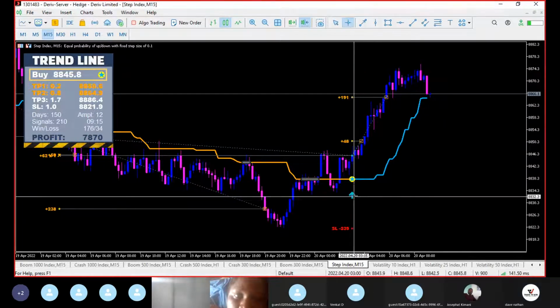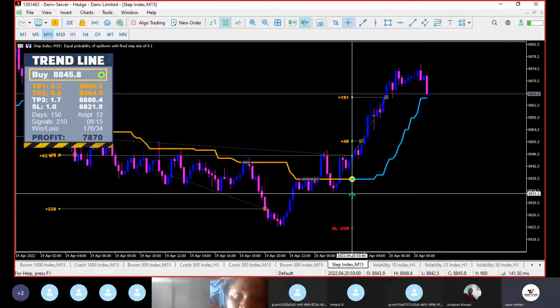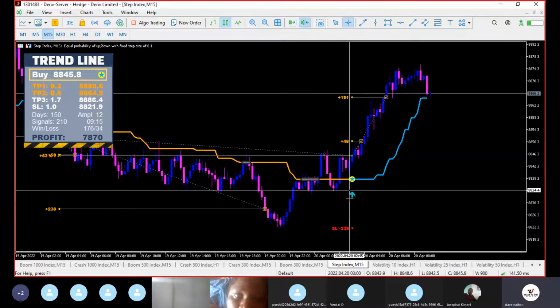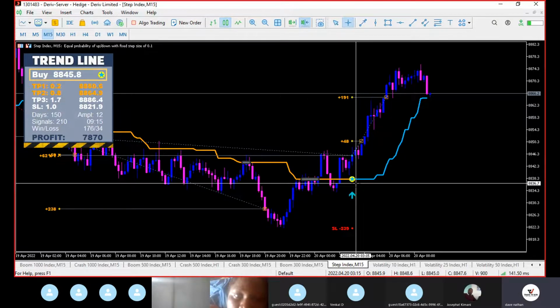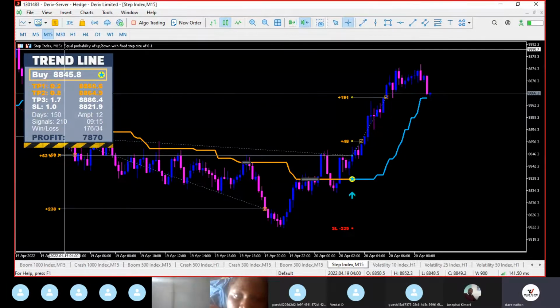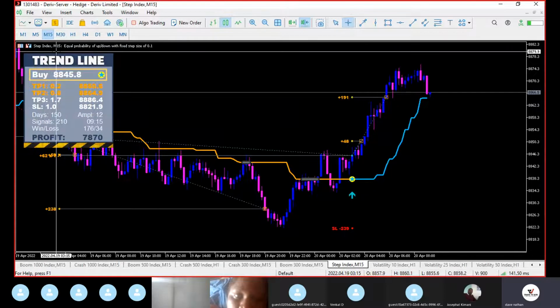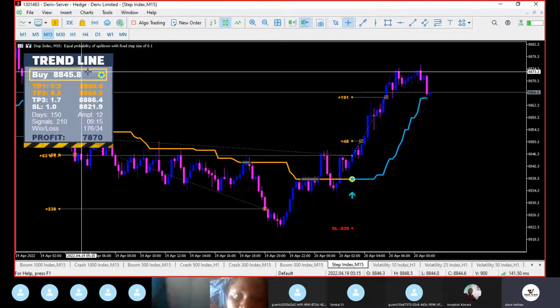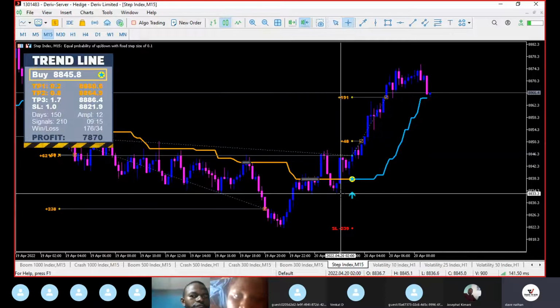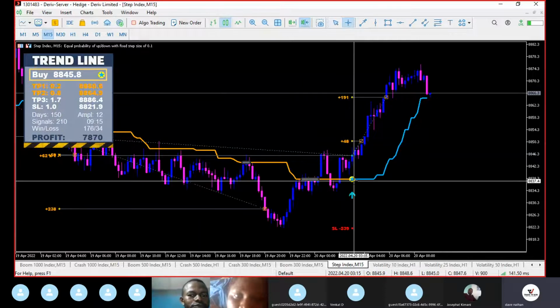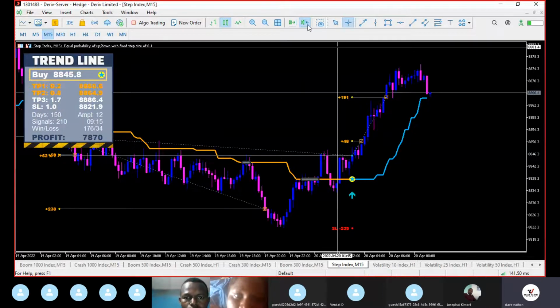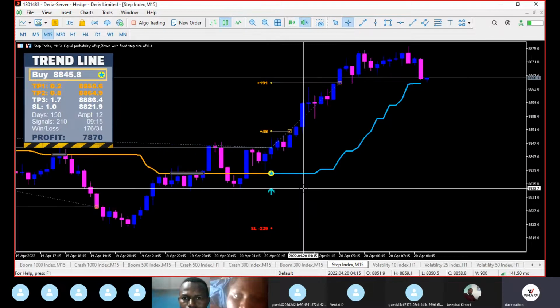Whenever you get a signal, it's like this arrow which you can see here. It's an indication. This example we are using right now is step index on the 15-minute time frame. Whenever you get a signal, it gives you a stop loss, and it also tells you how many pips that is.